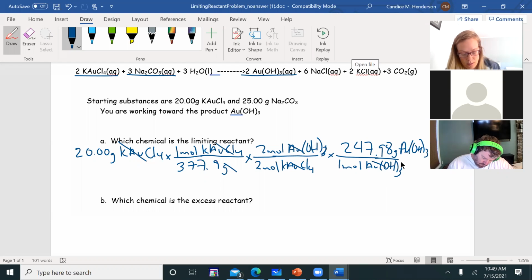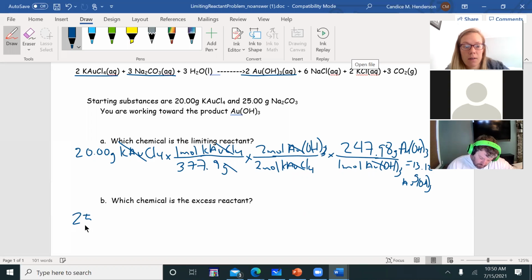We get the value of 20 times 13.12 grams AuOH3. So now we get to do that same thing for the other one, right?